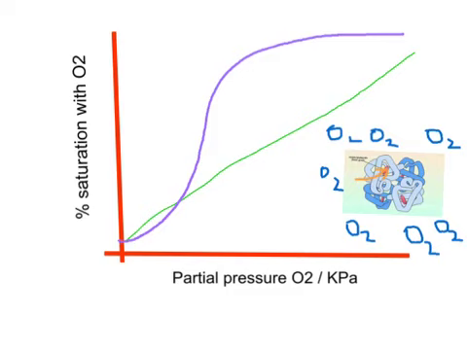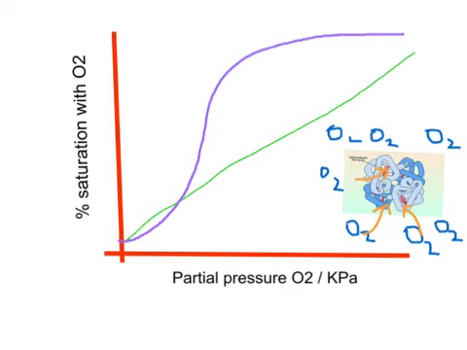That changes the structure of the hemoglobin, and this allows a second and a third molecule to quite easily diffuse through the newly structured shape of the molecule. Therefore, the graph suddenly shows a huge increase in saturation percentage of hemoglobin as you increase partial pressure. So you've gone from a very slow increase to a very fast increase.